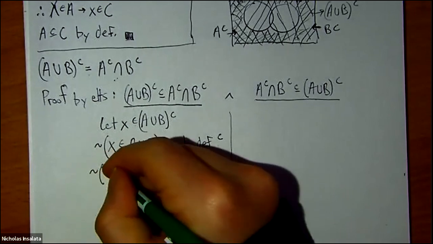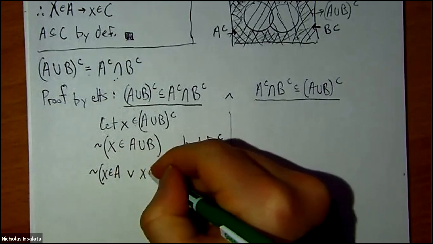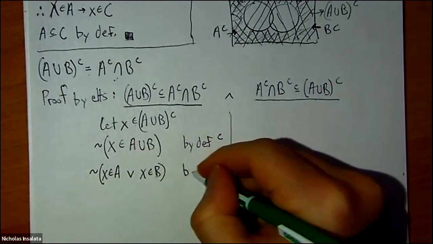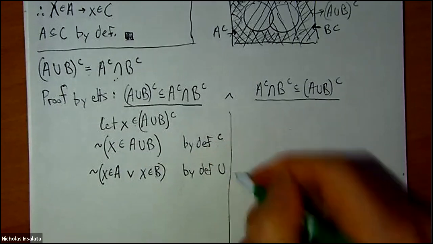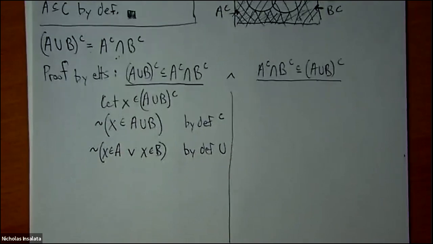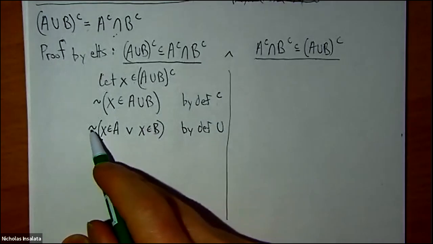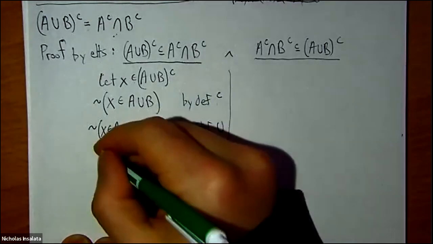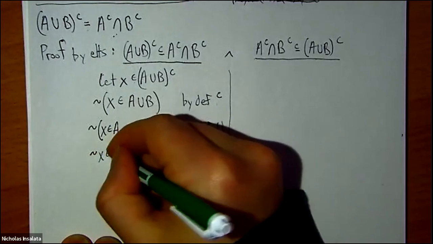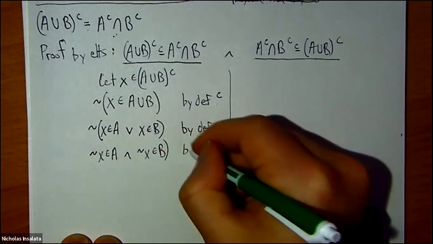So I have not x is an element of A inside the parentheses, or x is an element of B by definition of union. Now what do I do? De Morgan's, good. So I can distribute the not over the or. I'll have not x is an element of A and not x is an element of B by De Morgan's.